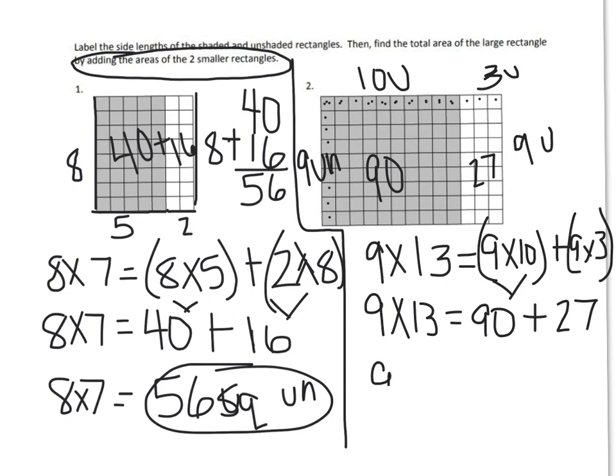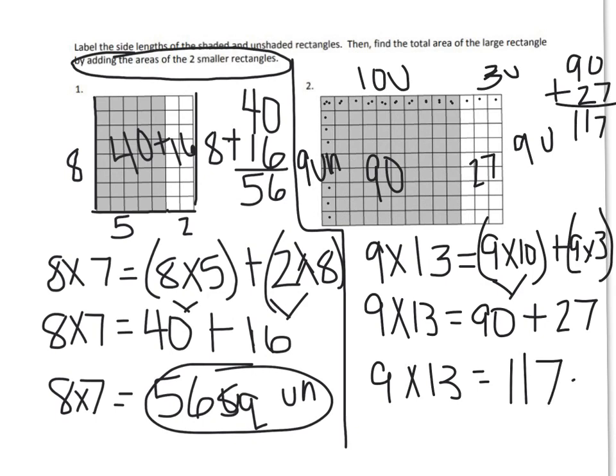So then 9 times 13 equals 90 plus 27. That's really big. So let's do that off to the side. 90 plus 27, that's 117. Always do the work off to the side. Don't try to do it in your head. Square units. So 9 times 13 is 117 square units.